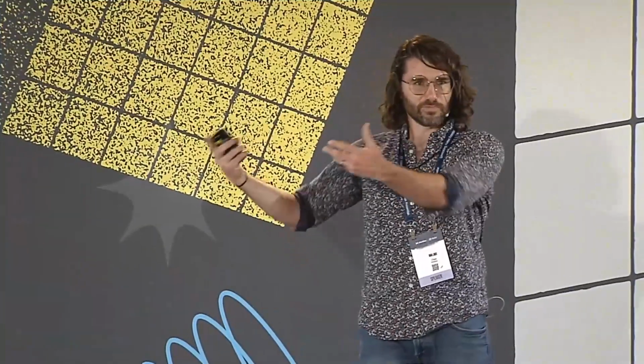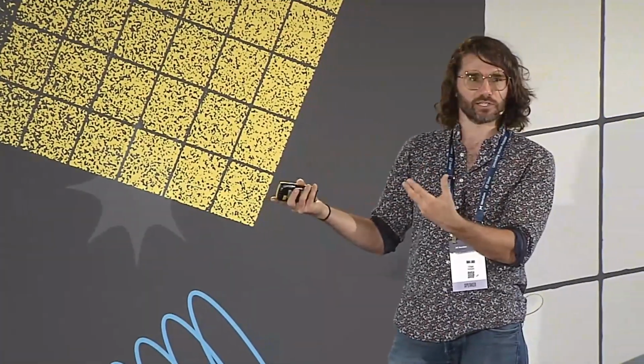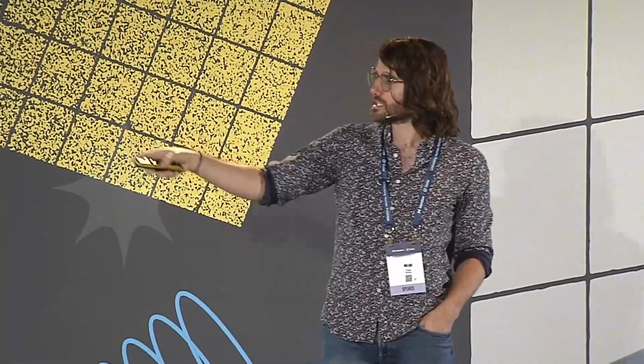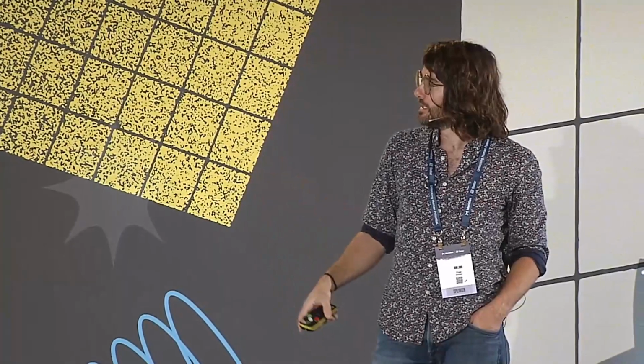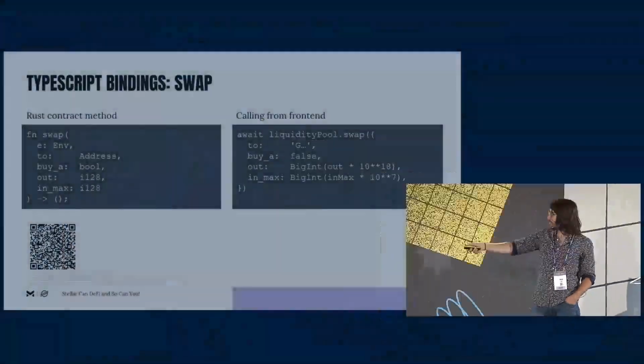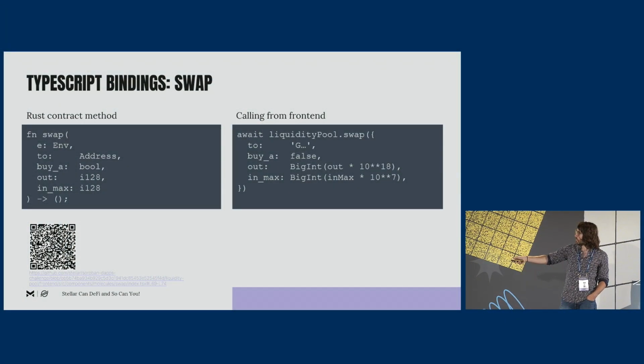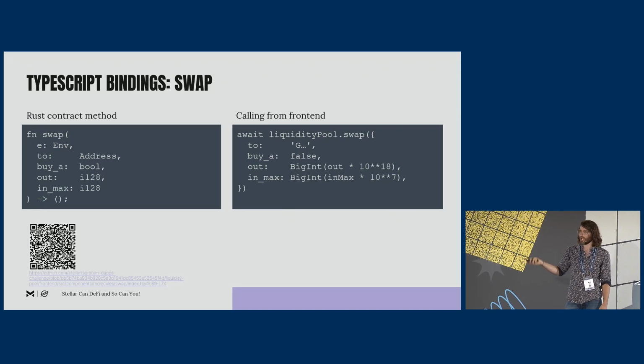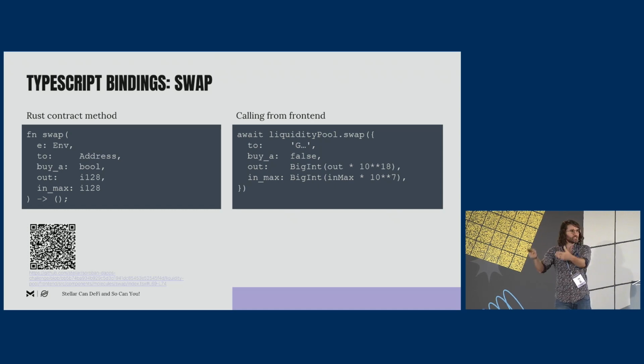You're saying, give me the out amount, and I'm going to put in this A amount, and it's going to max out at this number. Then we just await it. I've got a laser, I can point. We await it using async await, and that will return once the transaction is finalized on chain. So it will wait not just for it to be submitted to the network, but for it to be finalized on the network.